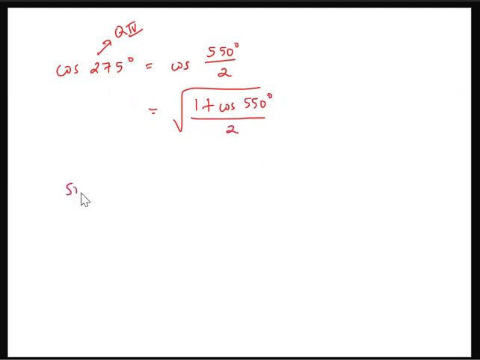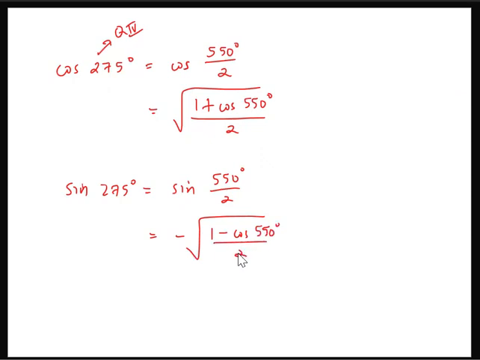And then if we have sine of 275 degrees, that's going to be sine of 550 degrees over 2, which is equal to negative square root of 1 minus cosine of 550 degrees over 2. So we're using the negative square root because 275 degrees is in quadrant 4 and sine is negative in quadrant number 4.